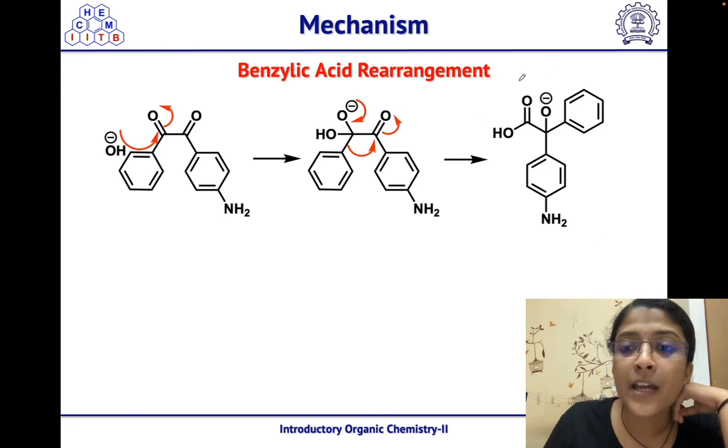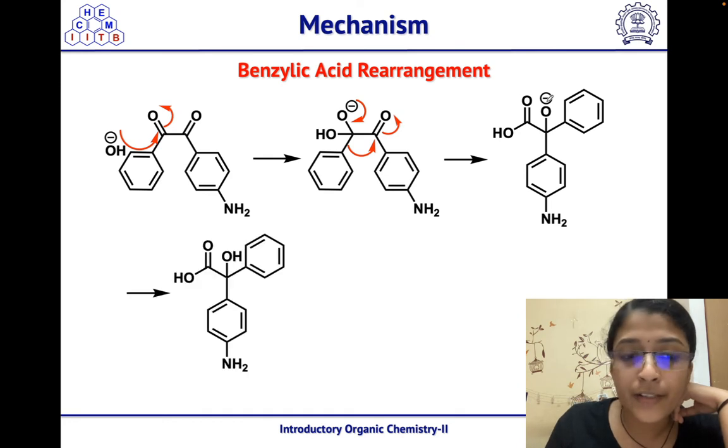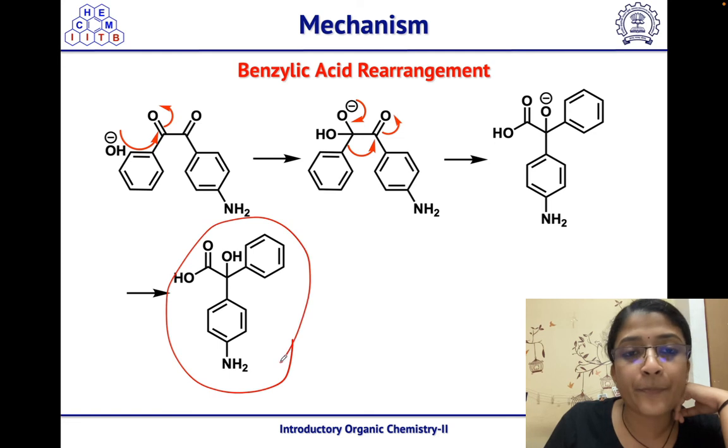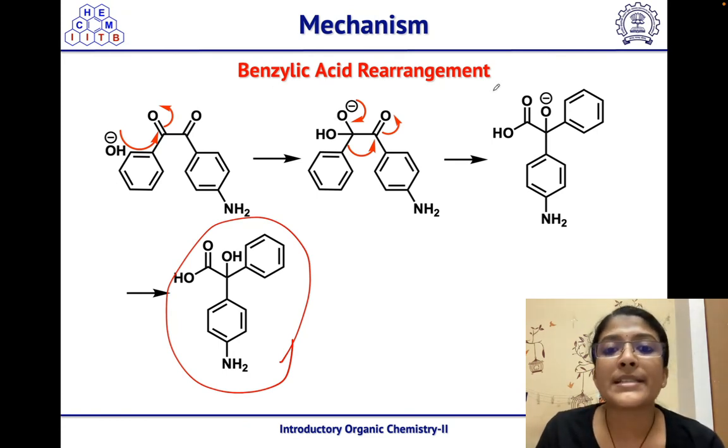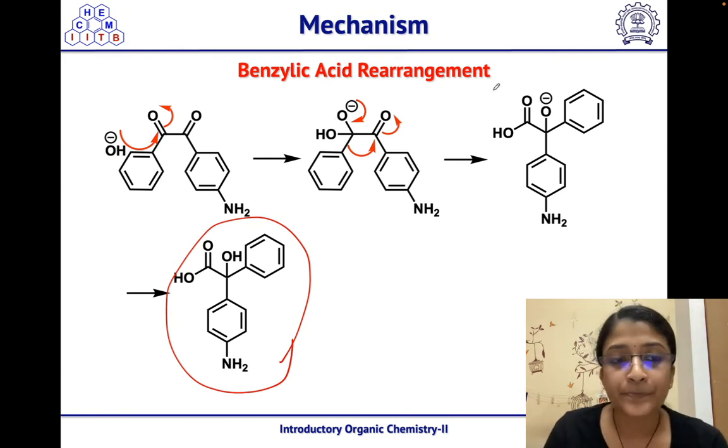So we will get a benzilic acid system like this, and it will abstract a proton from water, and we will get this as the final product. So this is a benzilic acid. Here, phenyl, CH2 and acid. Because of this it is called a benzilic acid rearrangement.